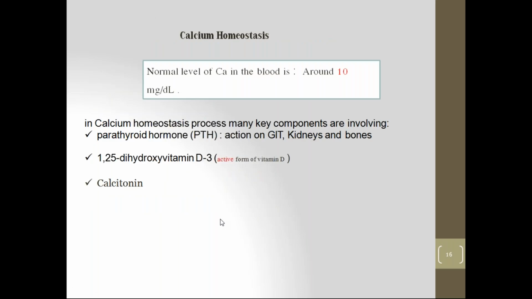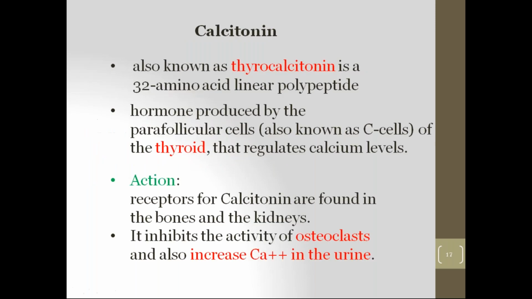The key components are parathyroid hormone, acting in kidney, GIT and bones, 1,25 dihydroxycholecalciferol (vitamin D3), and calcitonin. These are the main regulators of calcium level in blood.